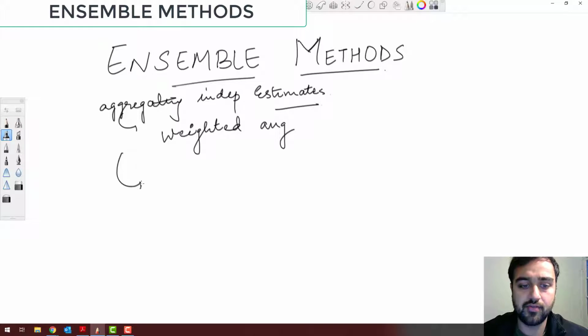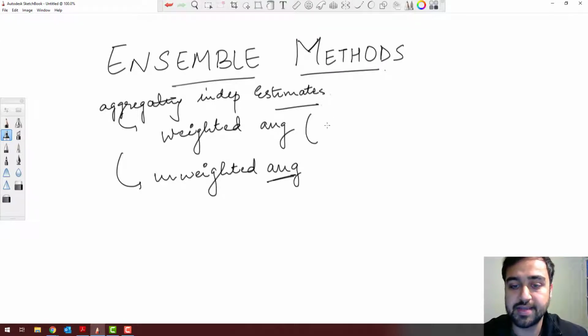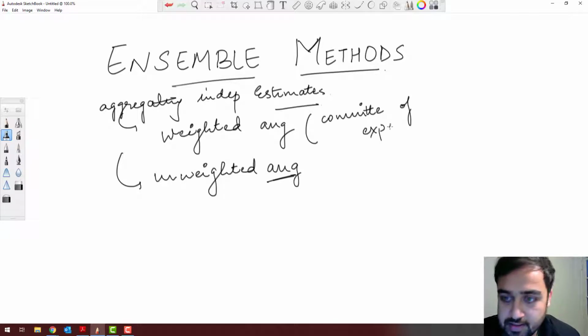And the other one would be unweighted average, right? So this is basically a committee of experts, where if a particular classifier or model is working really well on the set of data, we assign it more weight, through which it basically dictates the output that your ensemble method gives, right? So this is a committee of experts.